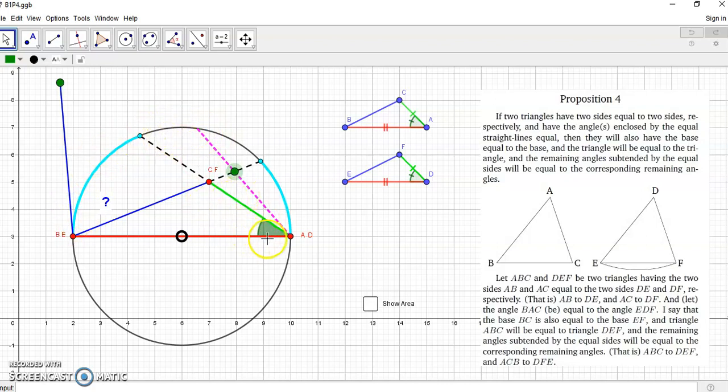In other words, let's say that EF was longer than BC, so let's say that EF is this line here from the red dot to the green dot, then we would have a much larger arc. And we know that equal arcs subtend the same angle, or the same angle is subtended on equal arcs.